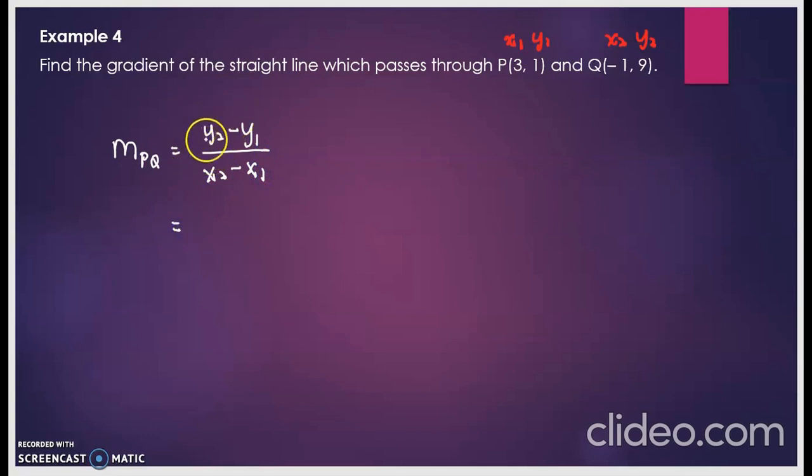So y2 is 9 minus y1 is 1, over x2 is -1 minus x1 is 3. So here will be 8 over -4, which equals -2. So here is the gradient of PQ, which is -2.